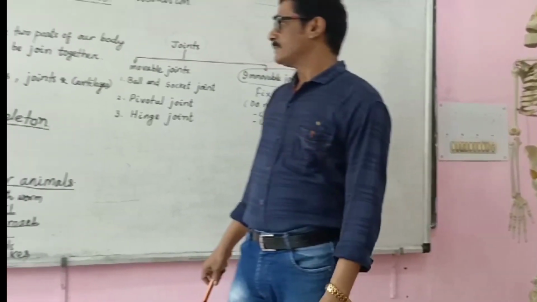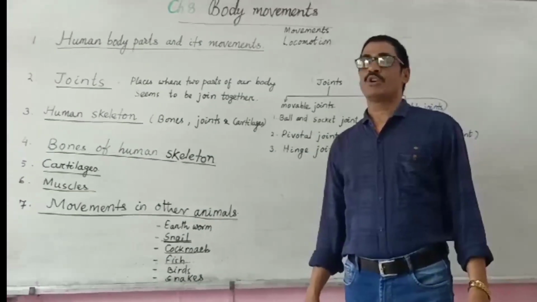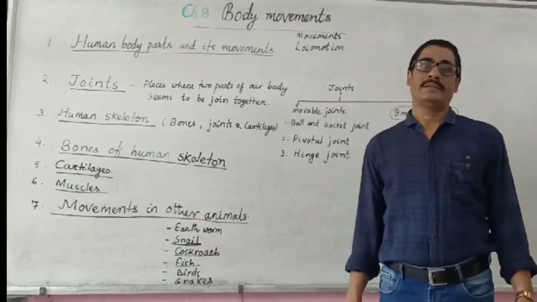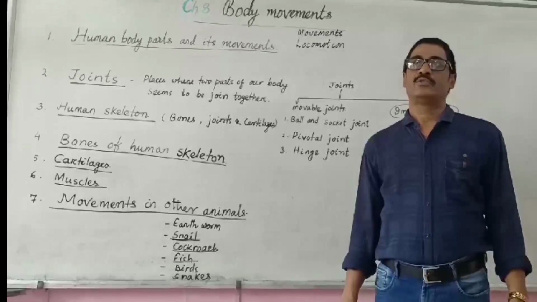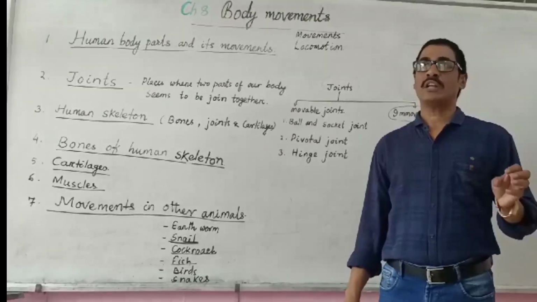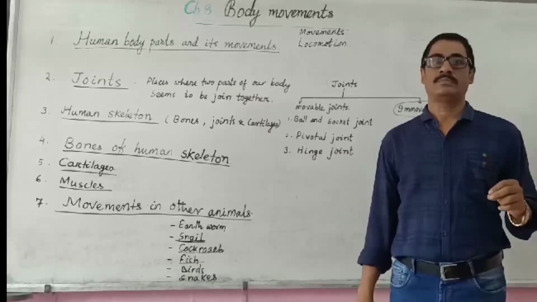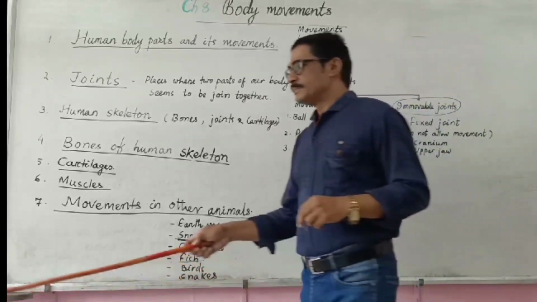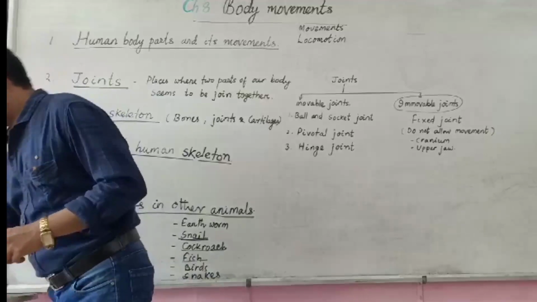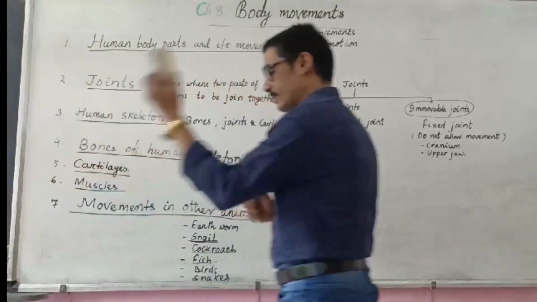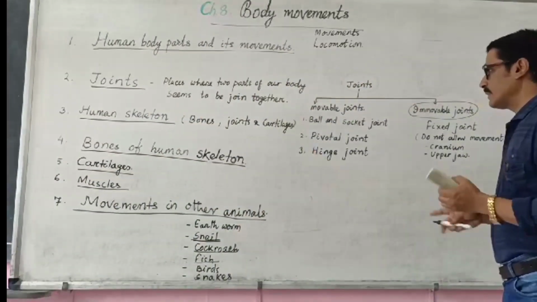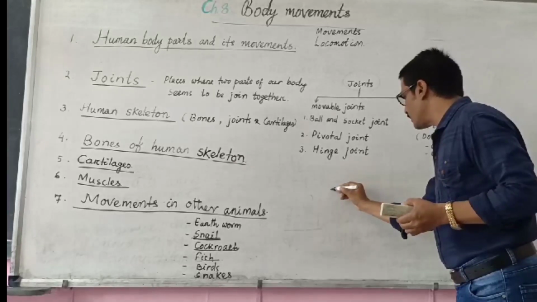Next, muscles. Muscles also help in movement. To move the body, the muscles have to pull the bones so that our body parts move. For example, suppose when you bend your arm, the arm consists of two bones, you know.